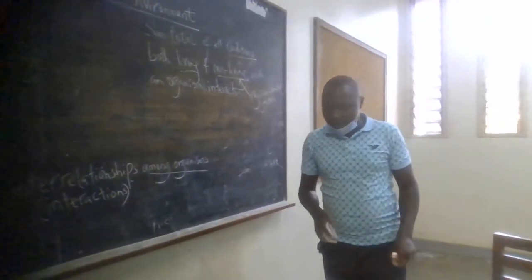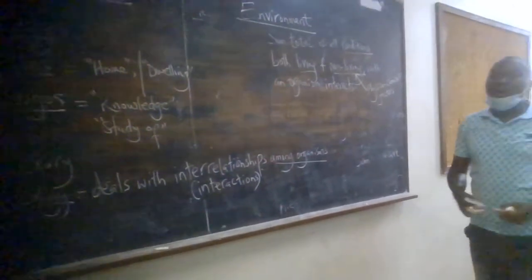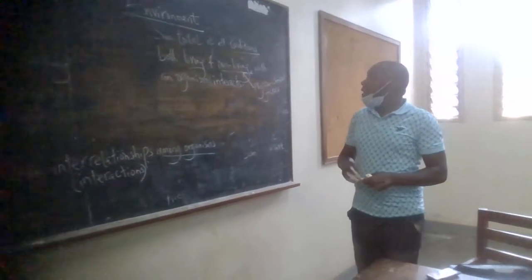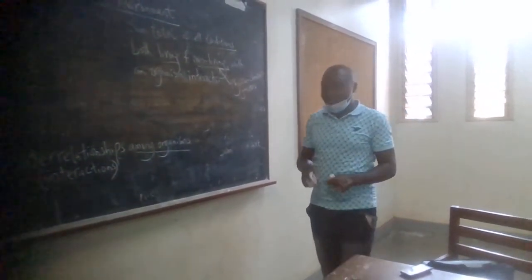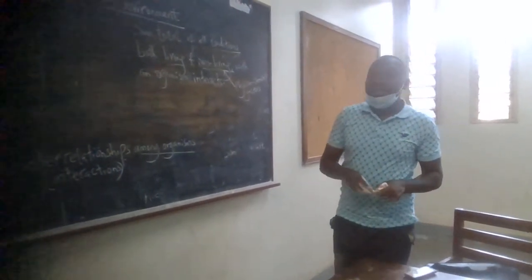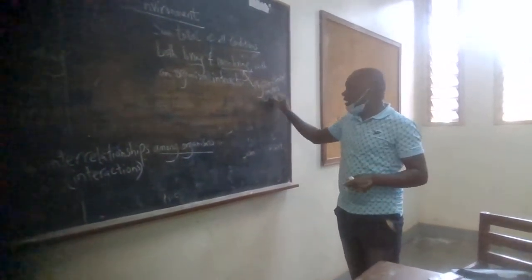So if we are talking about soil pH, soil nutrients, or climatic factors like precipitation or rainfall, temperature, all those could be physical-chemical factors.